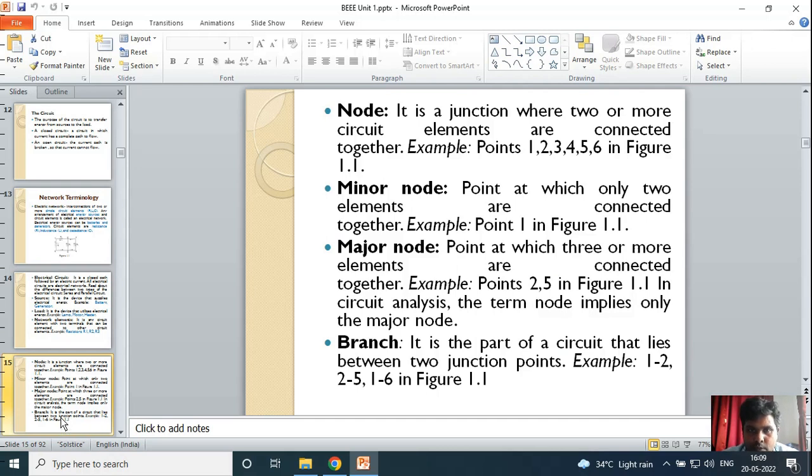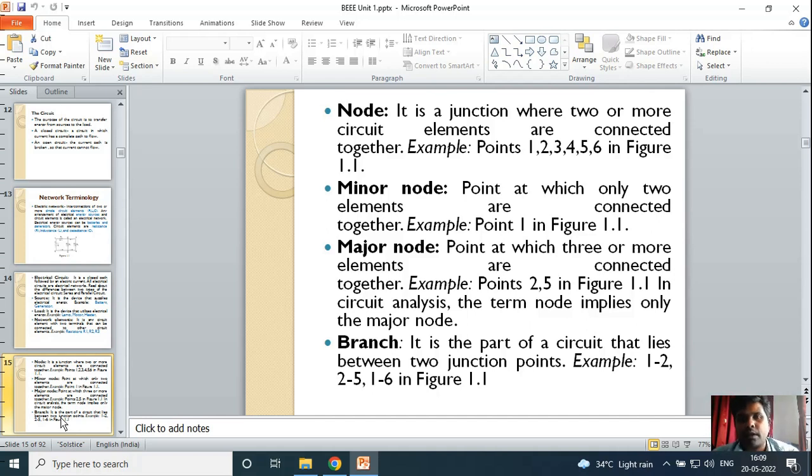Then what is meant by branch? A branch is a part of a circuit that lies between two junction points. Here I will give one example network, and I will allocate some points.